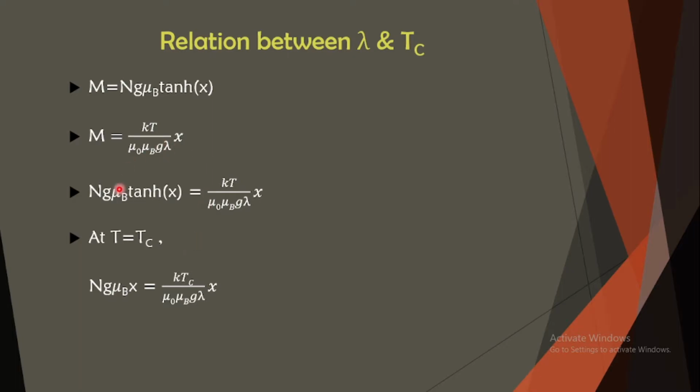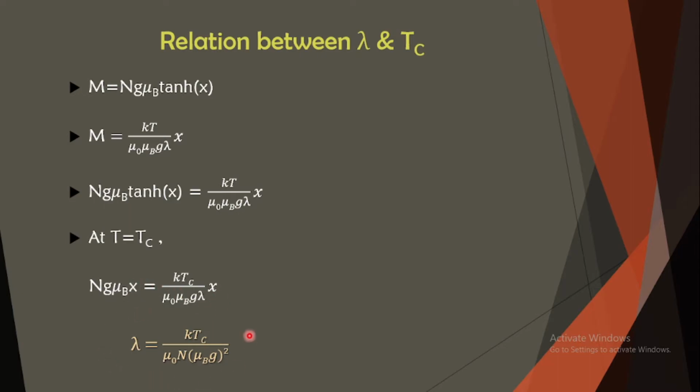So instead of tanh x, we are writing x for T equal to Tc. If we just cross multiply, we can say that lambda is equal to kTc divided by mu_0 N into (mu_B g) whole square, because x and x are going to get cancelled.